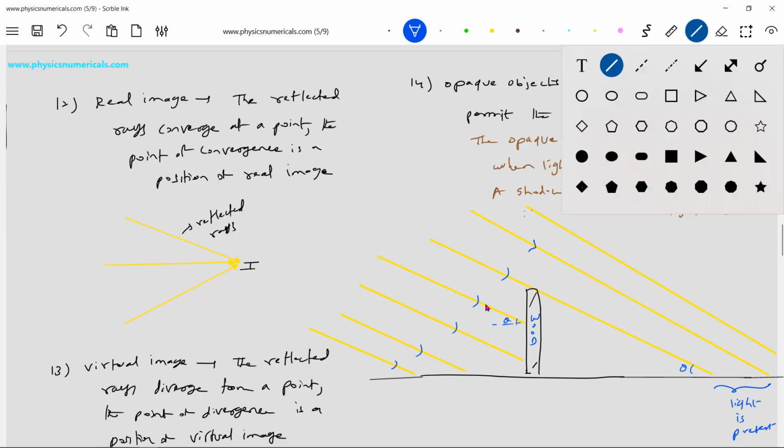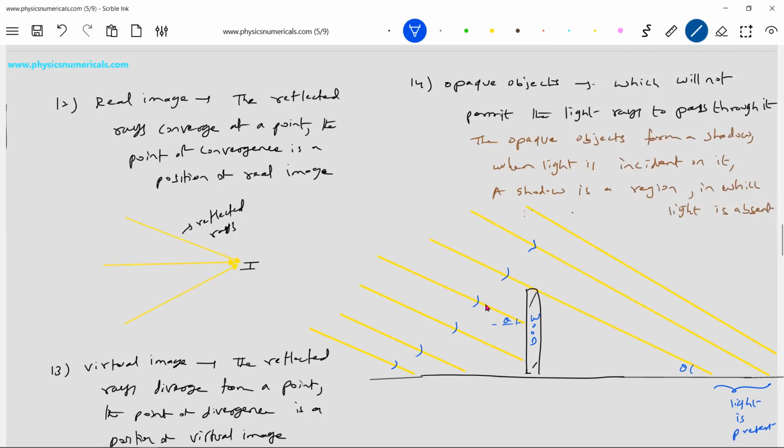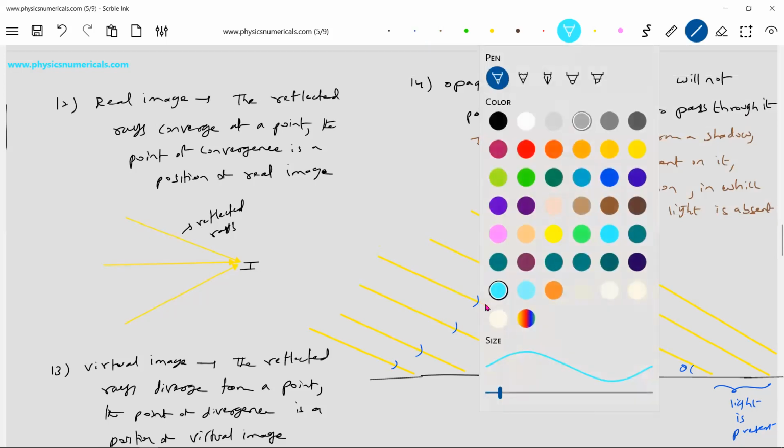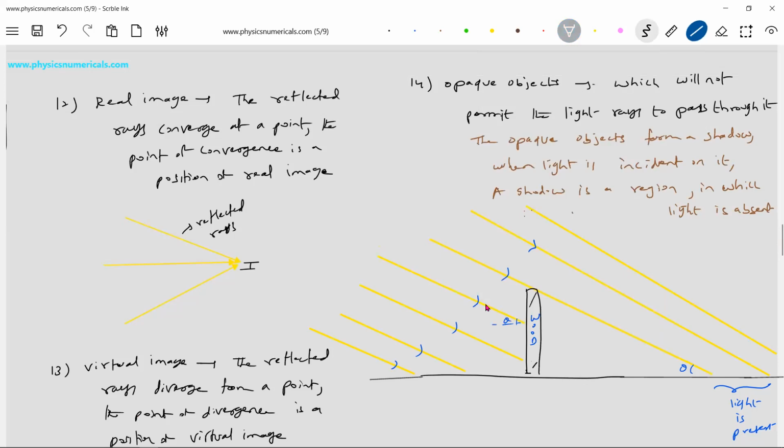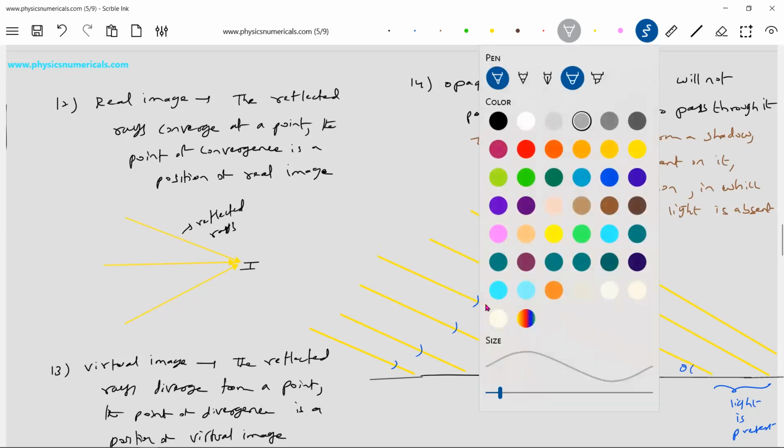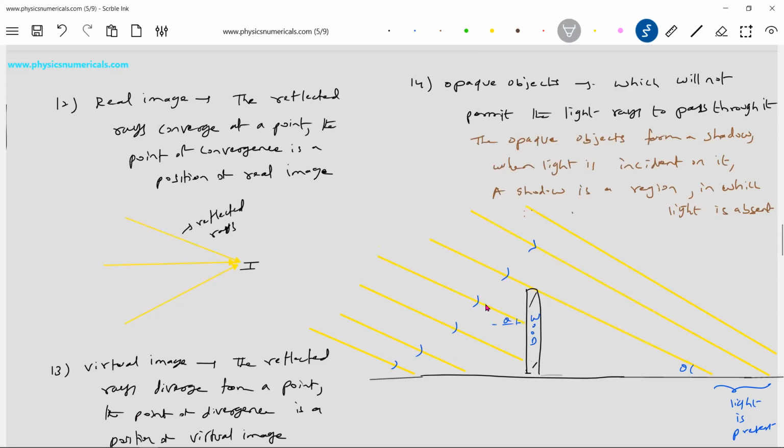To make you understand, I think this will be better. This will be the length of the shadow. Let the length of the wooden rod be L, and LS the length of the shadow.